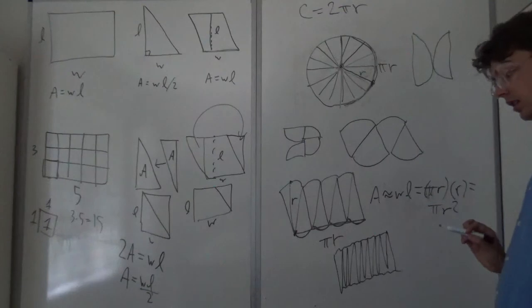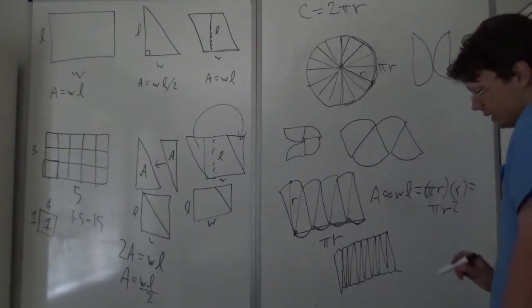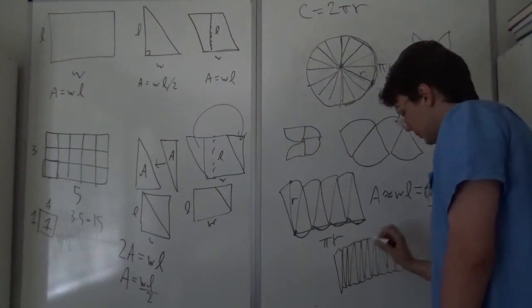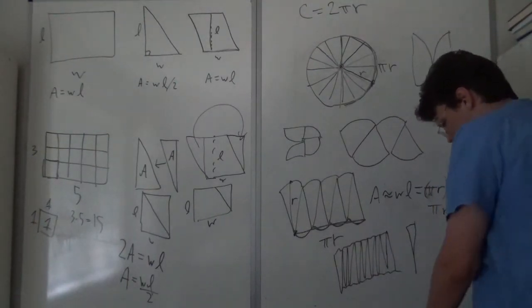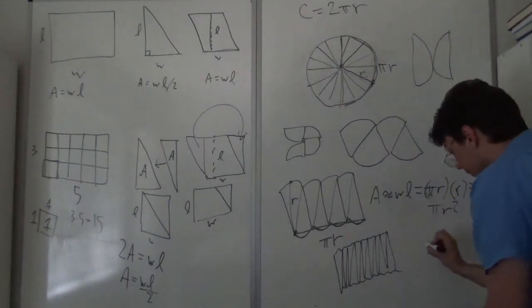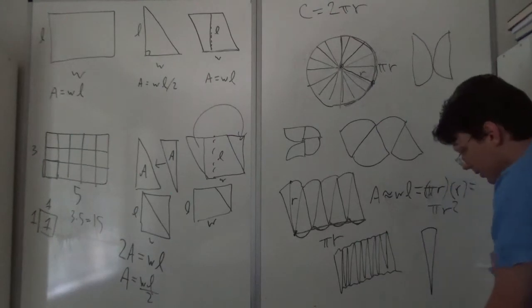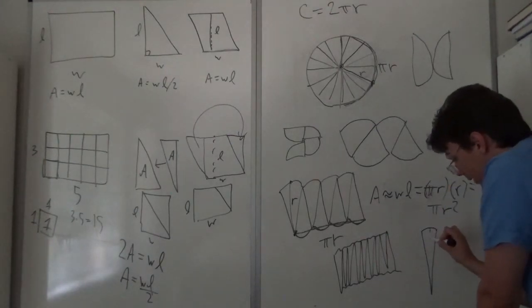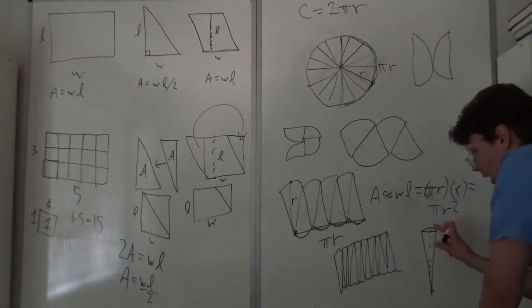And that right there is almost exactly a trapezoid. You know, the difference between, excuse me, let me write that a little more neatly. The difference between the radius and that height is almost nothing.